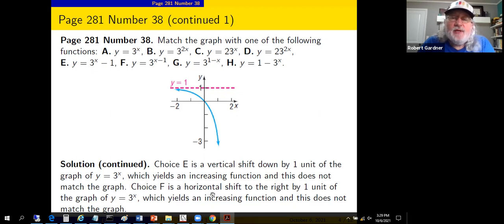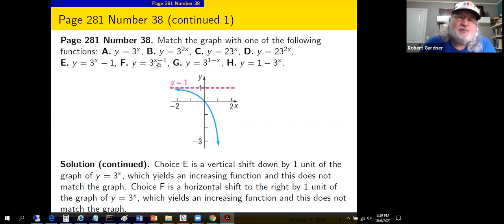Choice F is a horizontal shift to the right by 1 unit of y equals 3 to the x. We've taken x and replaced it with x minus 1, resulting in a horizontal shift to the right by 1 unit. Maybe review the transformation stuff. We did move to the right because this parameter, we usually call it h, this parameter h is 1.